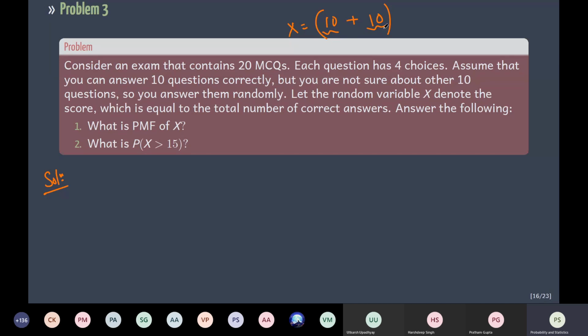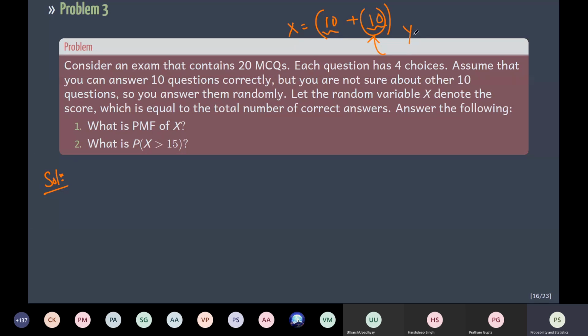So I can take a separate random variable for this part, which will be Y. It will be random because these are the ones that I am not sure about. Then X will be Y plus 10.